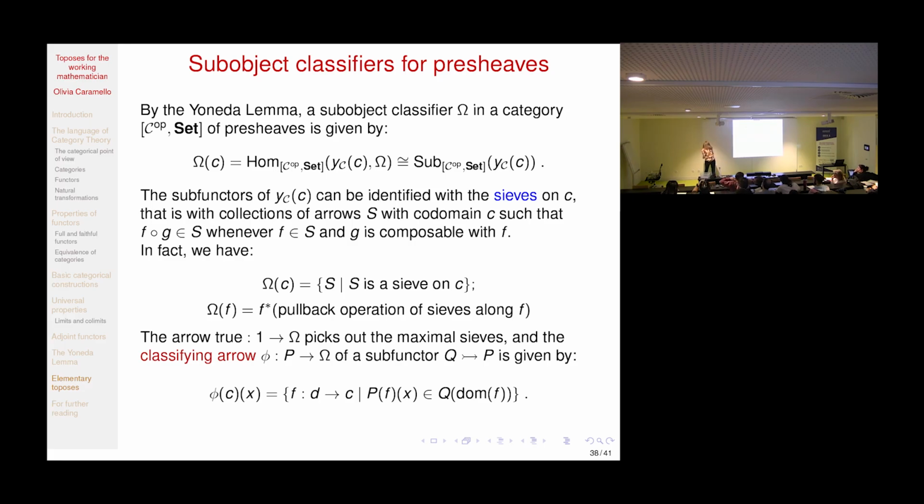So, given an element x of P of C, what you look at is how it behaves with respect to the subfunctor Q in relation to all the arrows that can be applied to it.